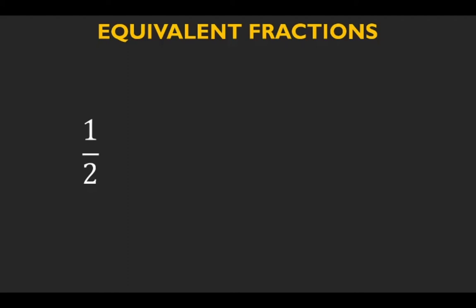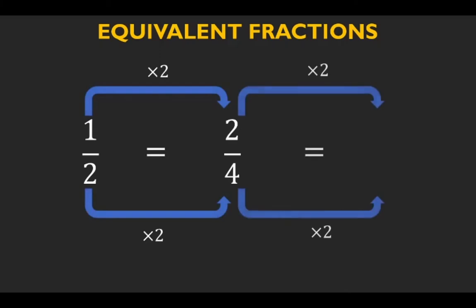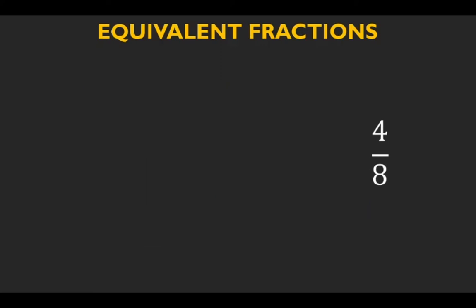By multiplying the numerator and denominator of this fraction by the same number, we can get an equivalent fraction. If we do it again, we get another equivalent fraction. 1/2, 2/4, 4/8 are equivalent fractions.